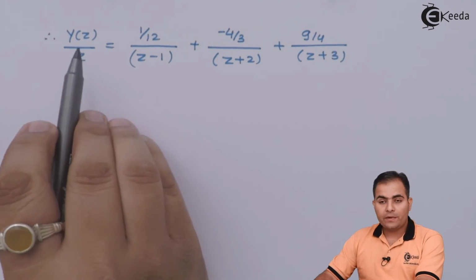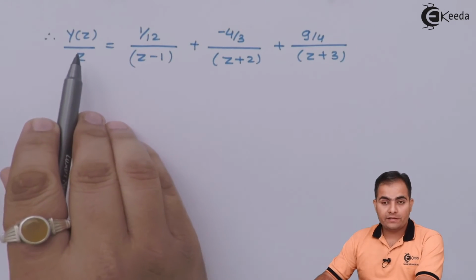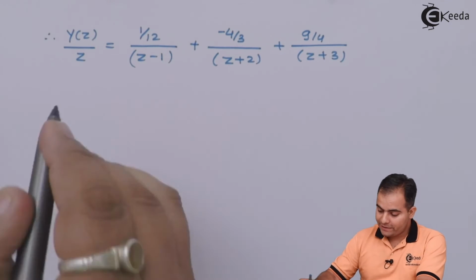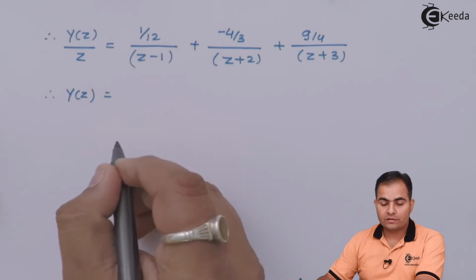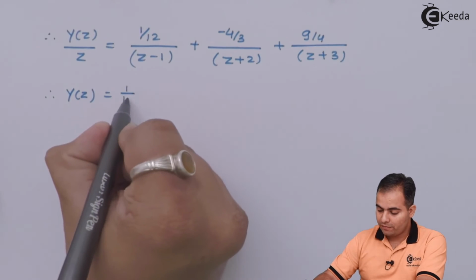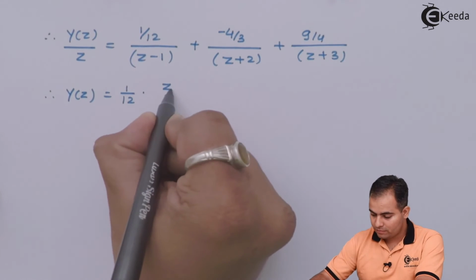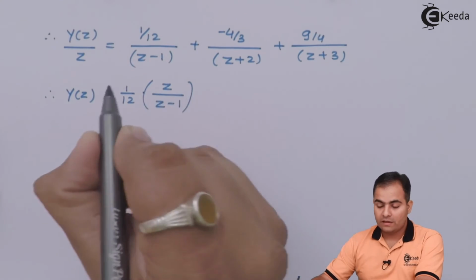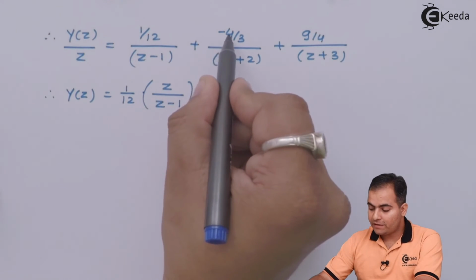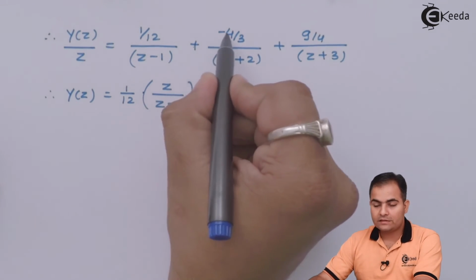Now before applying inverse z transform, I'll shift this z on right hand side. So I'll write this constant value first. So 1 by 12 into z upon z minus 1. Next one is my constant term. So if I take this constant term outside, this plus sign changes to minus.